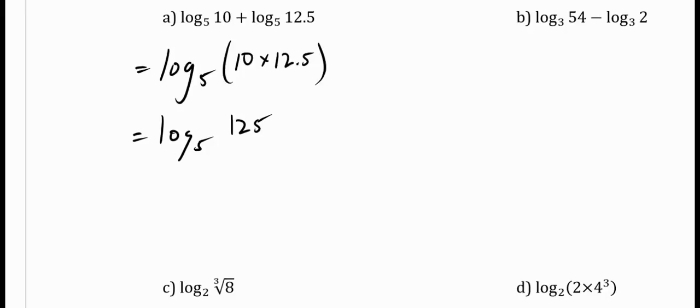And if you are starting to click with logs, you probably know what the answer is and you could just write it. Don't use your calculator. You're going to cheat yourself of the understanding by just using your calculator. You have to come to terms with this yourself. Again, on a test, we're going to ask you to do this without a calculator.